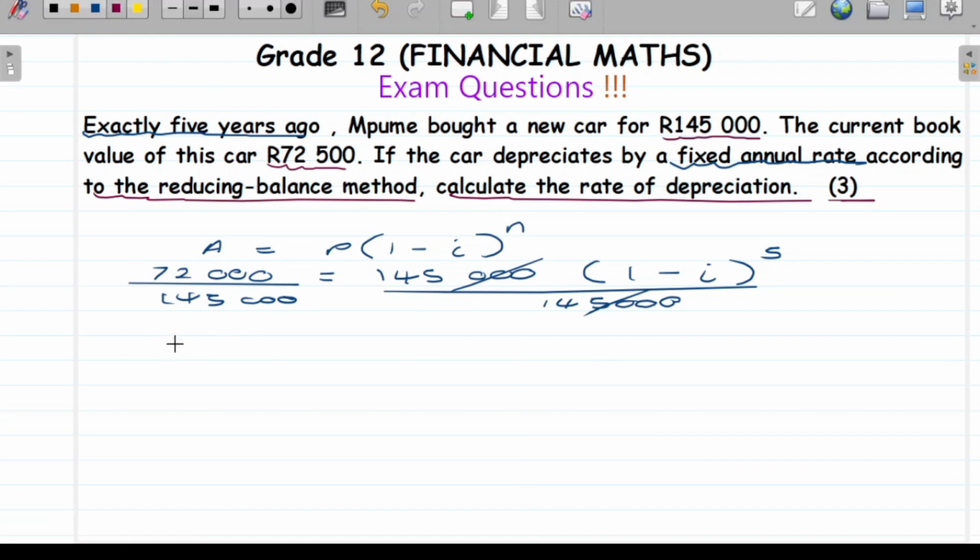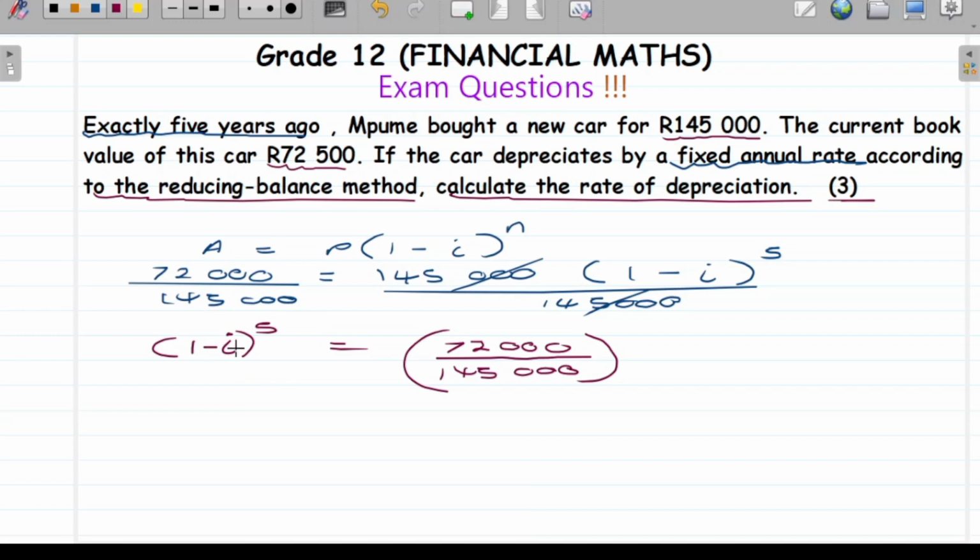I'm going to have 1 minus i to the power of 5 is equal to, inside brackets, 72,000 over 145,000. The reason I carried this through is because I don't want to simplify it and get a decimal, and then have to write the entire thing. I'll just put the original numbers in the calculator one time when I'm solving for i.